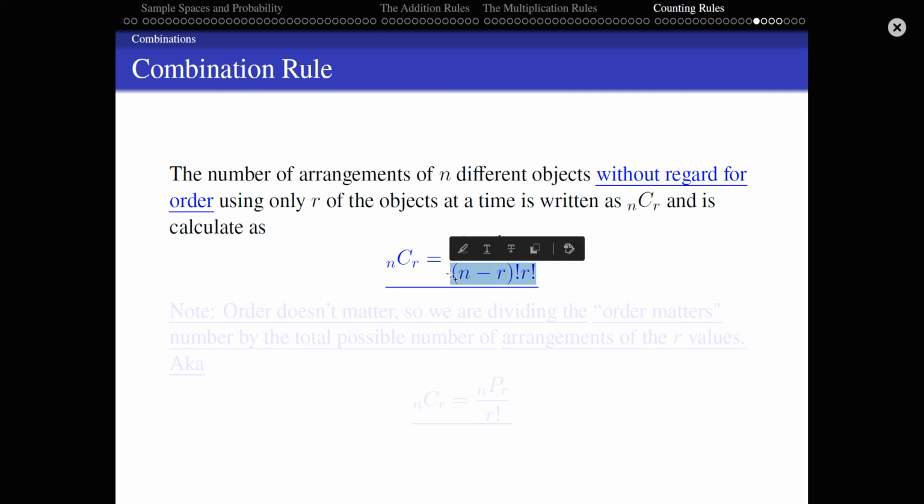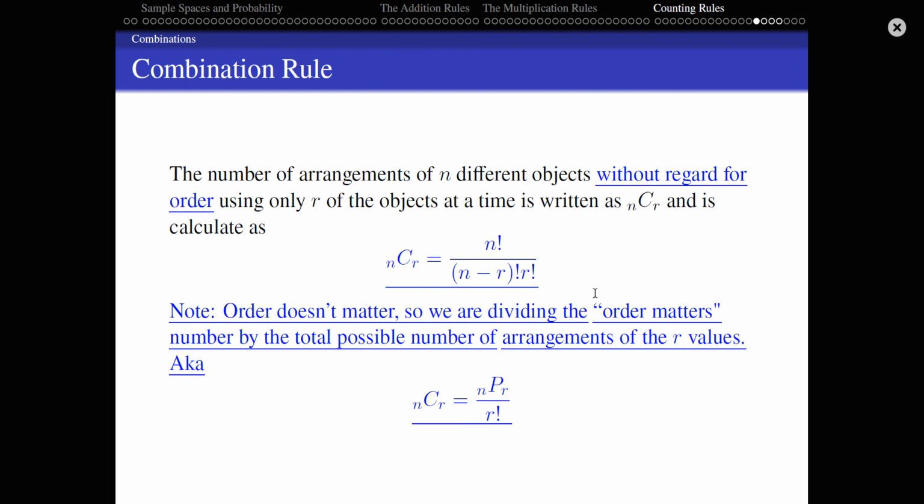Then you solve the factorial first for both this n minus r factorial and r factorial, and then you multiply them together. So you take these in the proper order: do your parentheses first, then the first factorial and the second factorial, and then you multiply those together.